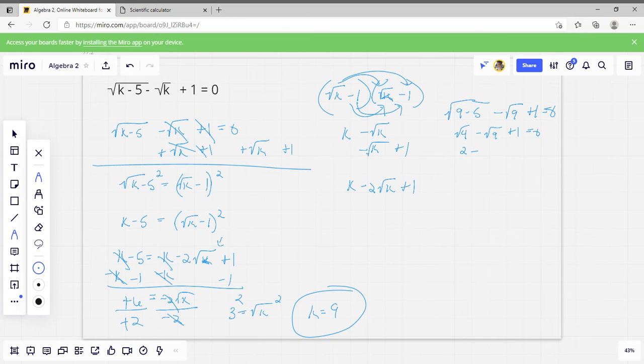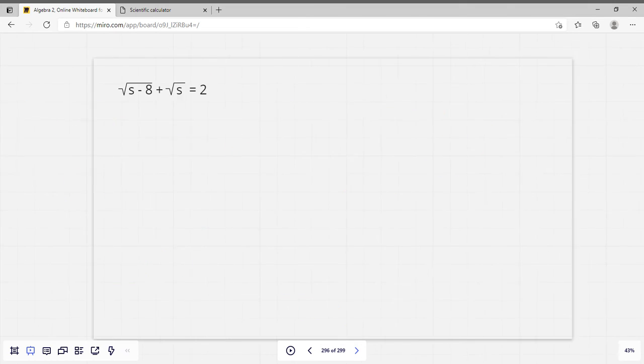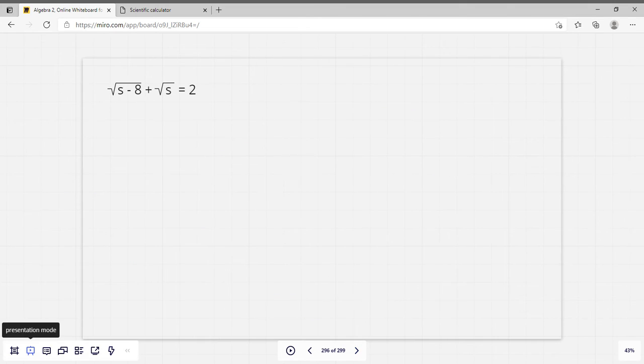Square root of 9 is 3. 2 minus 3 will be negative 1 plus 1 equals 0. Yep, that checks off. So k equals 9. Alright, I know these seem a little bit tedious, but they're not really that hard.